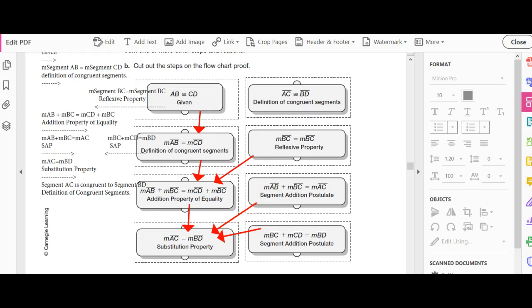Now I'm gonna go with a slightly smaller arrow here, right? So where did I substitute? I took this thing and I substituted it right here, and I took this thing and I substituted it right there. Okay, but you don't need those arrows there. You don't need to have those.